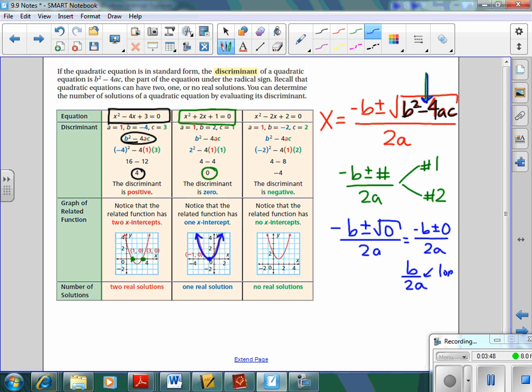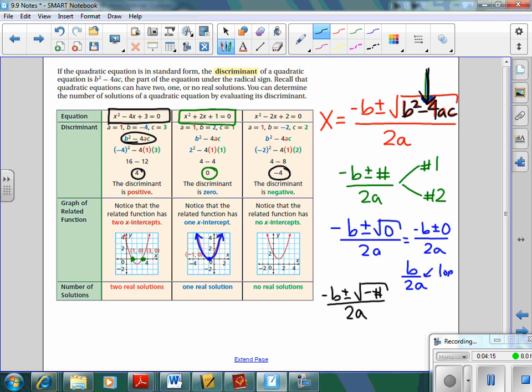Our third option is if you get a negative number. So we have positive, 0, and then negative. If you plug in your a, your b, and your c, and your discriminant is negative, so you get a negative number underneath the square root, you would end up with negative b plus or minus a negative number. And we know that we cannot take the square root of a negative number. So that means I can't find any solutions.